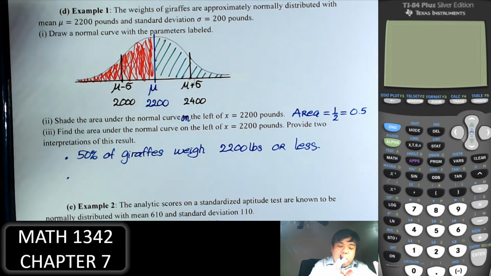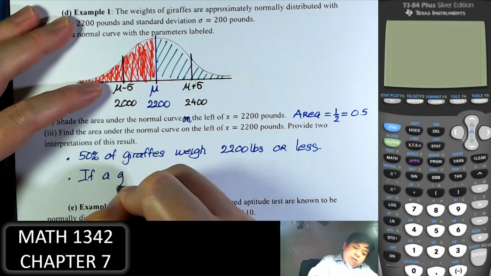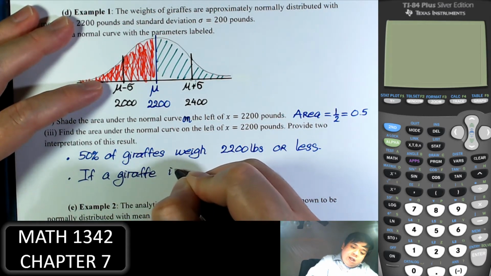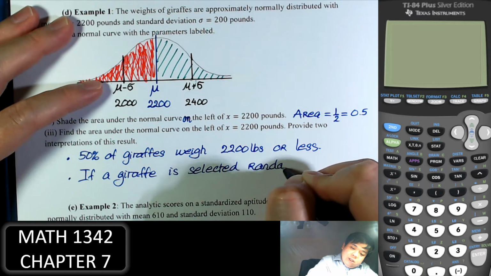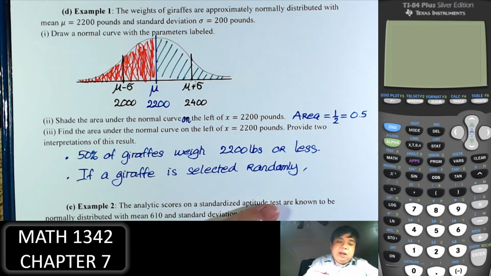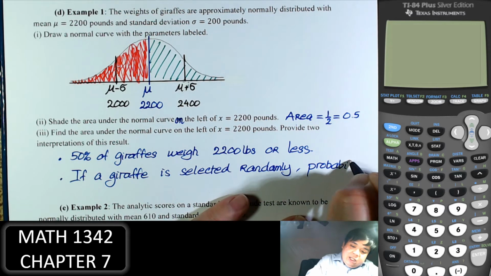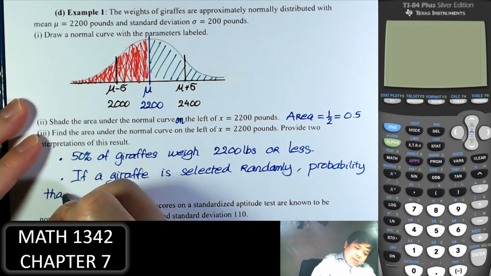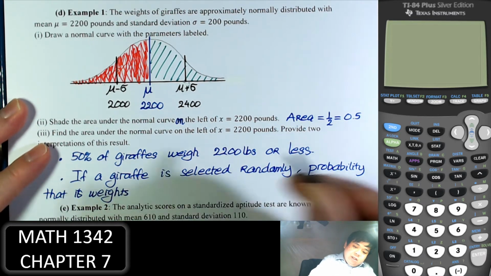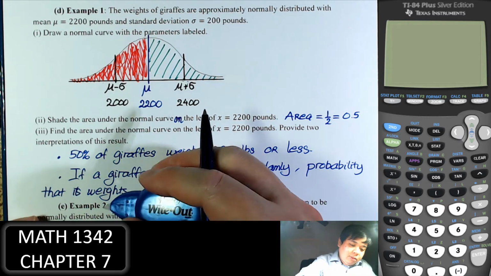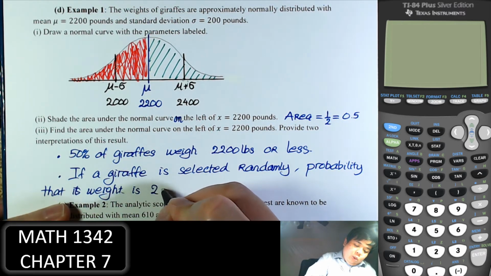So we talk about the proportion of the population. The other interpretation, we said if we select one giraffe randomly, there's a 50% chance, the probability, that its weight is 2,200 pounds or less.